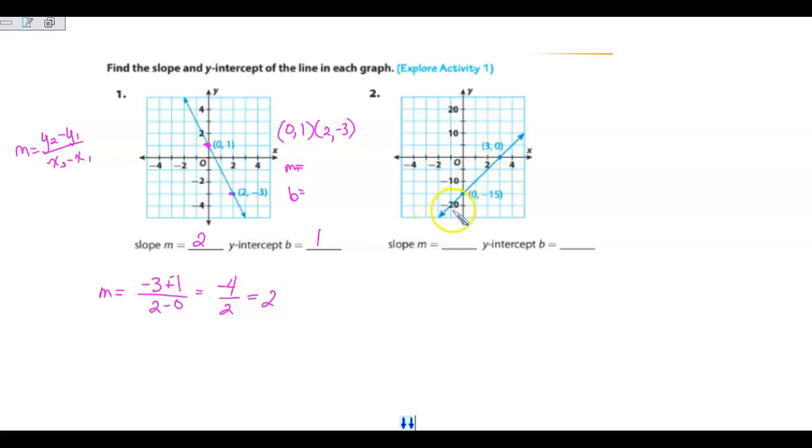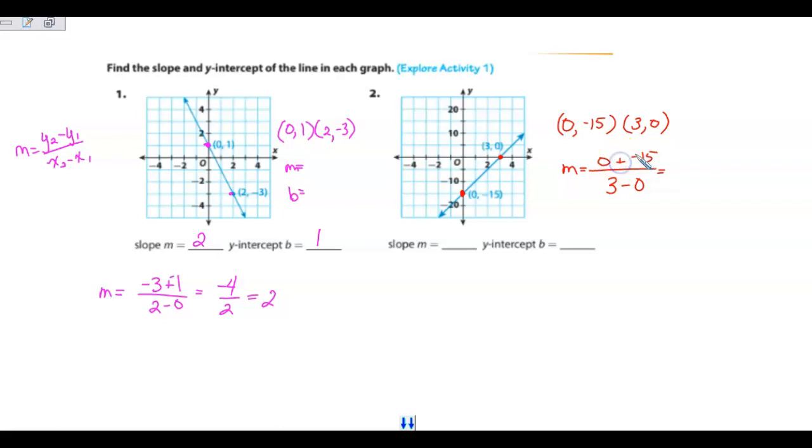When I look at this one, I have a point here, and then I have a point here. So we have 0, negative 15, and we have 3, 0. It doesn't matter which order you put them in. Now we want to find the slope. Change in y's, 0 minus negative 15. My change in x's, 3 minus 0.